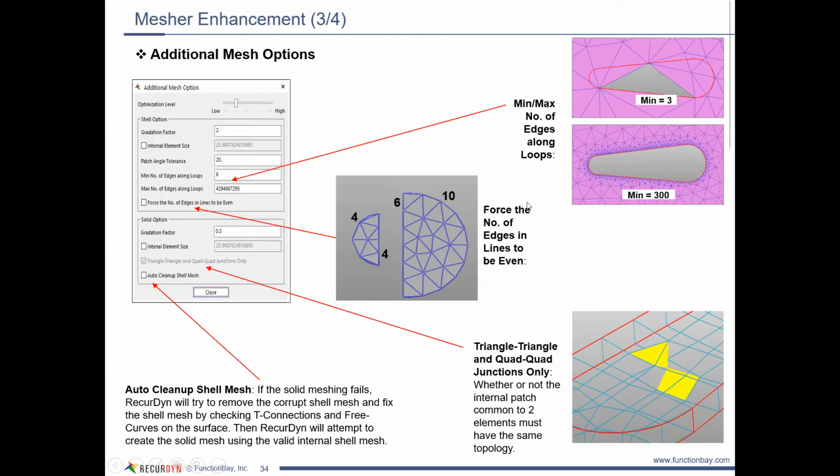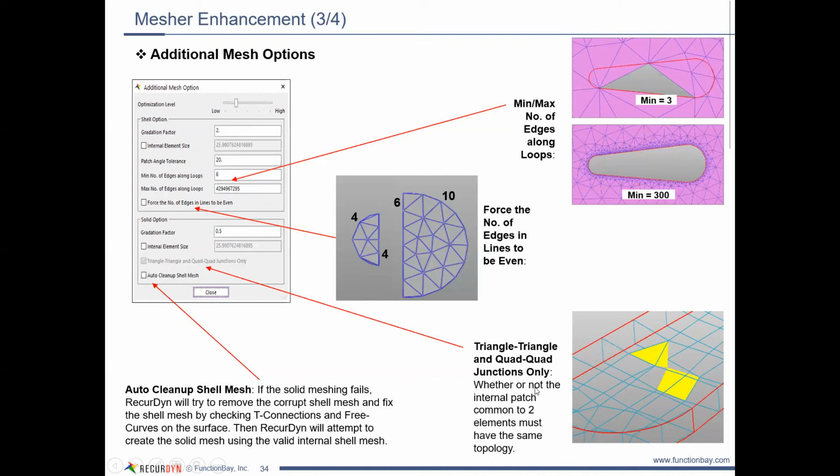You may have geometry that's some kind of rectangle. And so you can turn this on and then all the elements around all 4 sides of that rectangle will be the same number of elements. So you may want to impose that restriction sometimes. Okay, next one is this checkbox here for triangle, triangle and quad, quad junctions only.